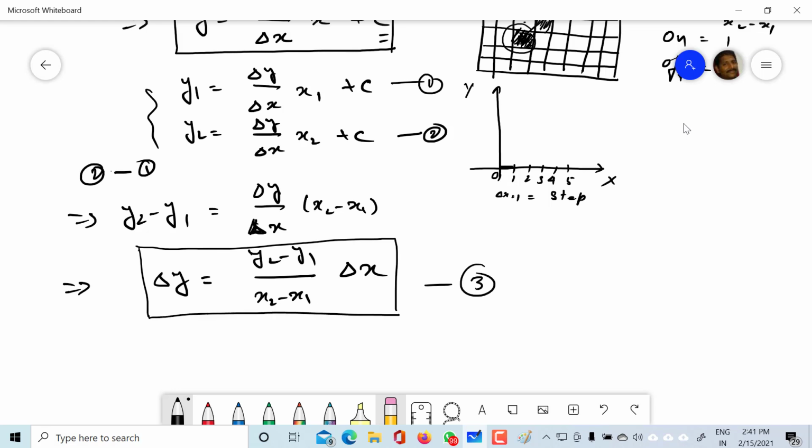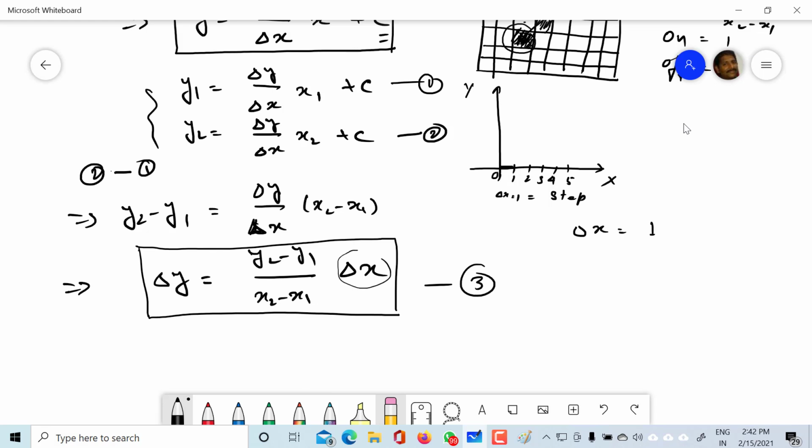This equation is also like y equal to mx. What is delta x? If I am taking the x axis as the base axis, in that case we know the value of delta x because I have taken delta x as the step value of 1.